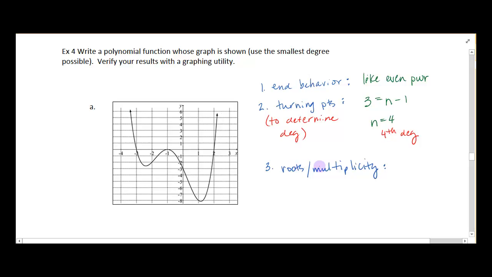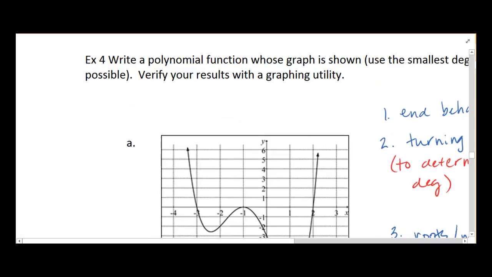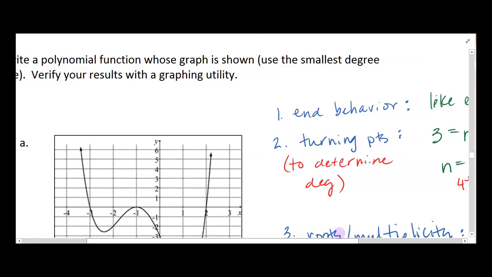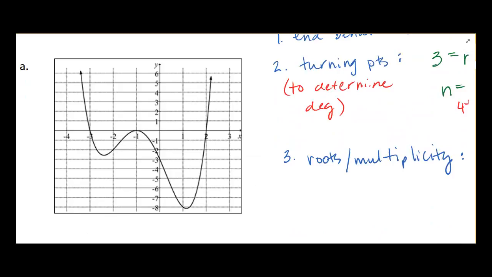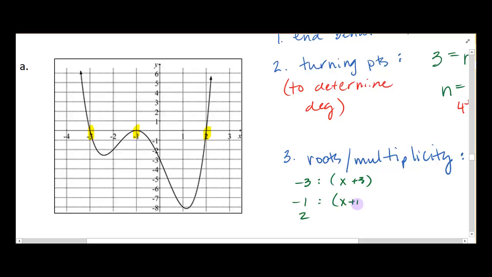Now let's address the roots and their multiplicities. Let me make this a little bigger in case you can't see it. I have roots occurring in this picture at -3, -1, and +2. That means I have x plus 3 in its factored form, x plus 1, and x minus 2.